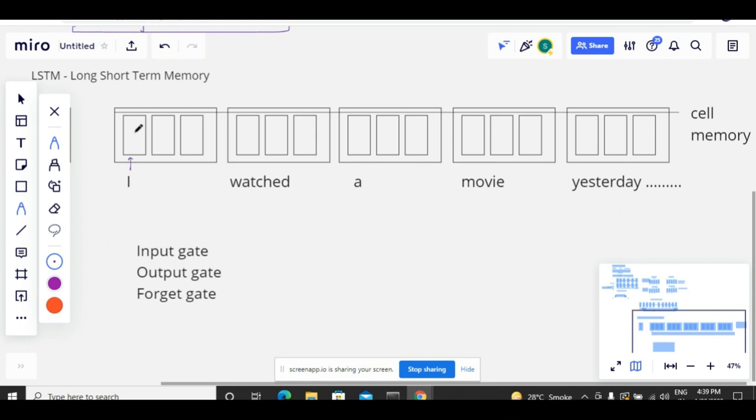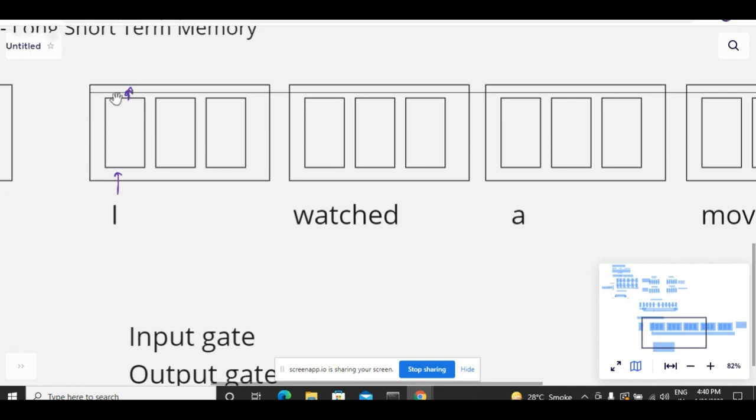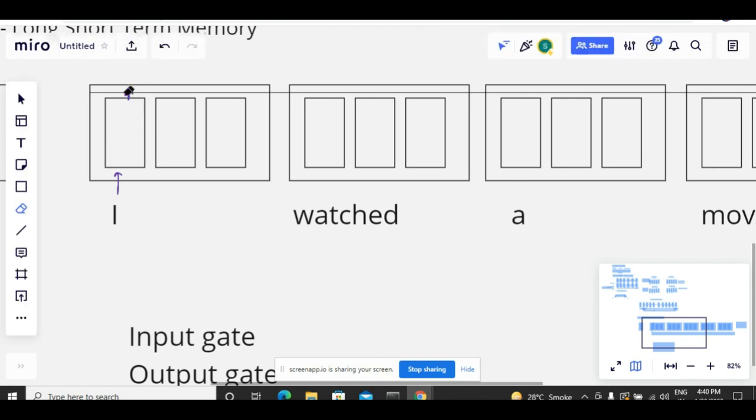If this token is important, it will be passed into the memory. If it is not important, then it will not be passed in the memory. As simple as that. So what is the role of input gate? It will take a token, and if this token is important, then it will be passed to the memory, and if it is not important, it will not be passed into the memory.